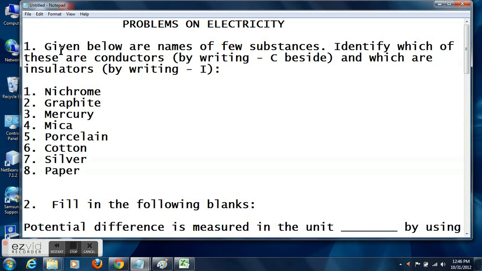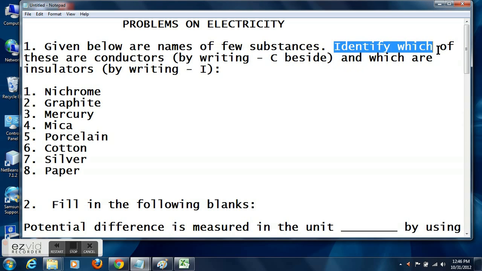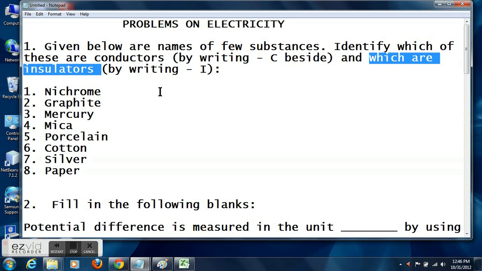Okay, the first problem. Given below are names of few substances. You have to identify which of these are conductors of electricity by writing a C, and which are insulators by writing an I next to it.